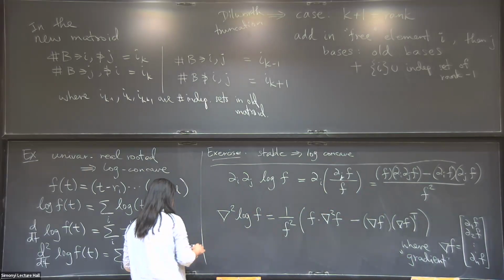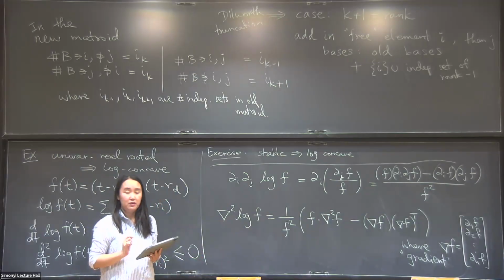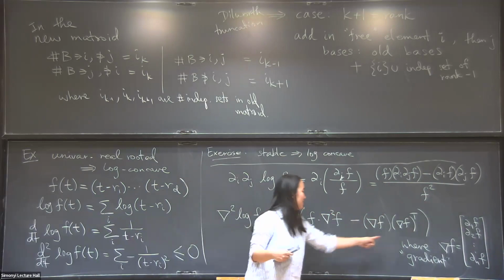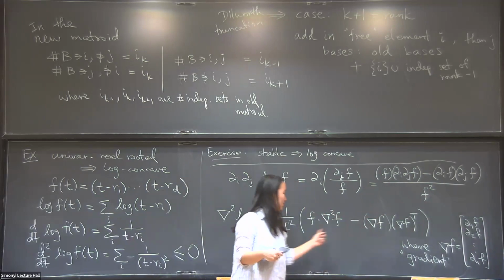And this is the Hessian. All right, are we okay? Now we are reduced to studying the properties of this matrix.